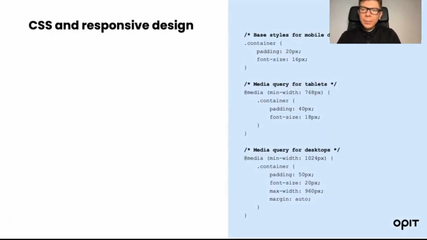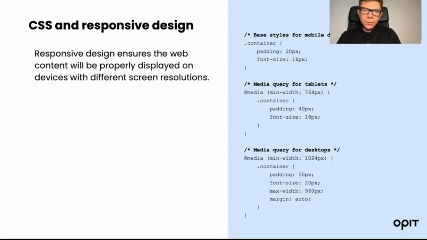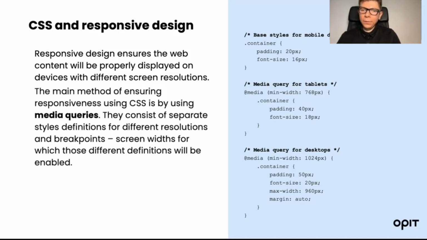Then we need to speak about how CSS is used for responsive design. Responsive design, of course, is a way of ensuring that web content will be properly displayed on devices with different screen resolutions. The main method of ensuring that is to use media queries.